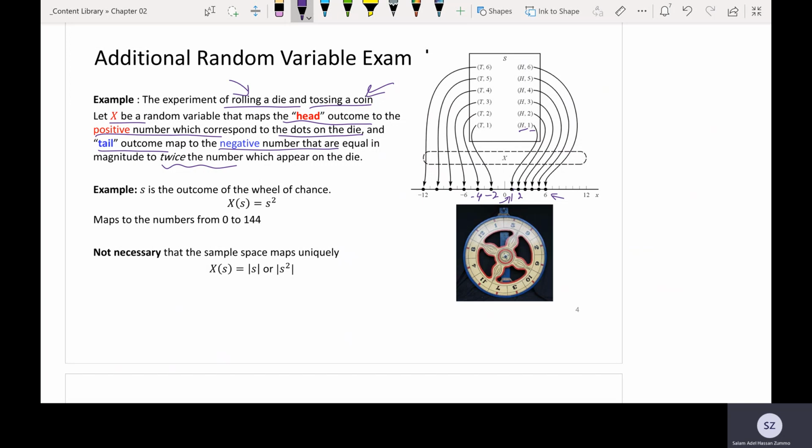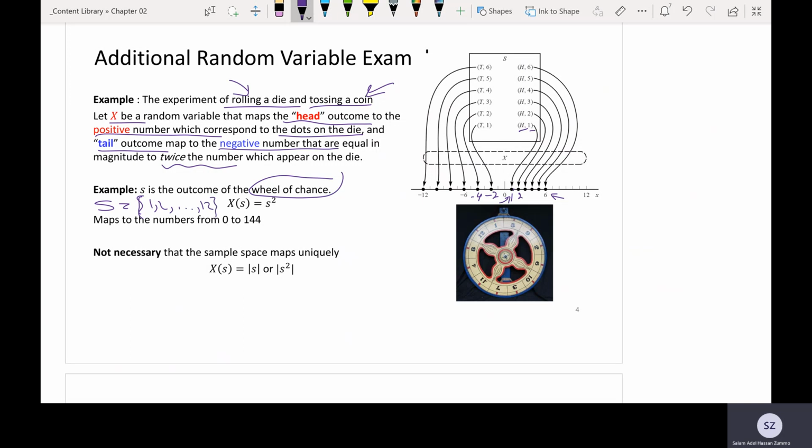A third example here is the wheel of chance, where basically there is a wheel with certain numbers from 1 to 12. So in this case, S equals the discrete numbers 1, 2, up to 12.